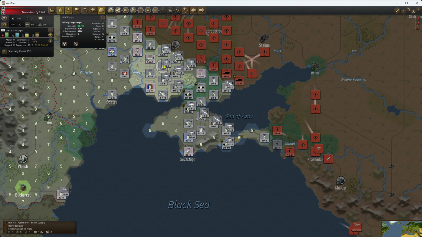I'm using 15 oil for upkeep. And when I build an infantry corps, I'm not using oil. And I'm getting 70 a turn. So I should start going up next turn. Okay, let's check out Finland.